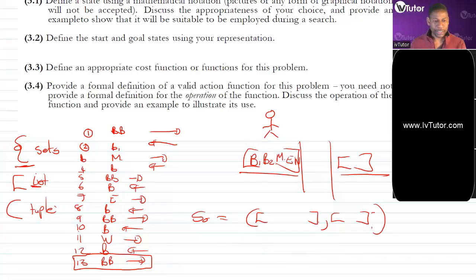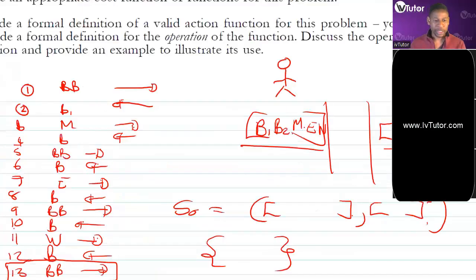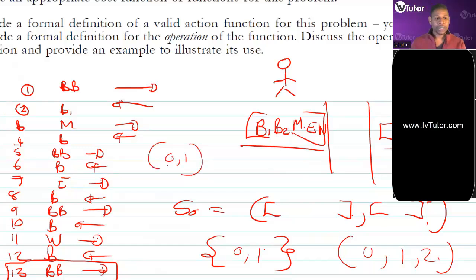If you have a set, there's no indexing. You just have 0, you have 1, elements of a set, right? Then if you have these brackets, 0, 1, it's a tuple.